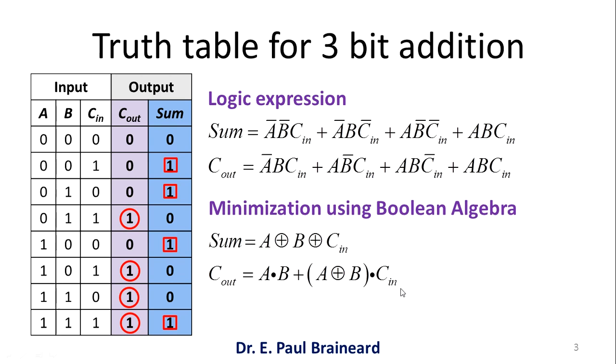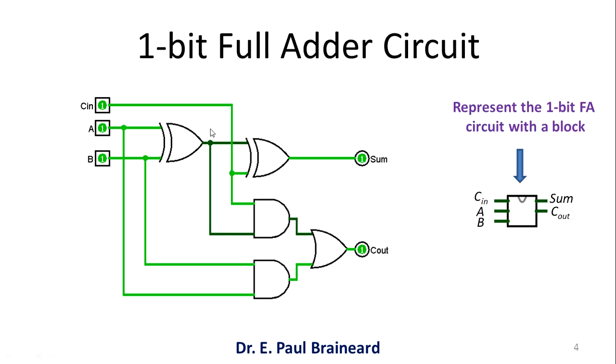Now, these particular logical expressions can be built using a circuit. So, it has got three inputs A, B and C in, and there is sum and carry out. So, this circuit represents 1 bit full adder.